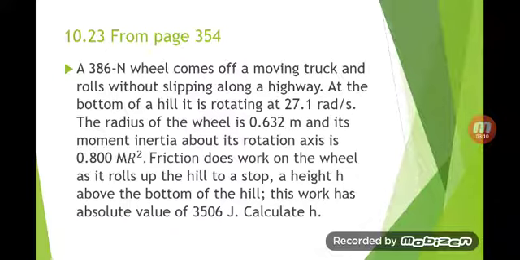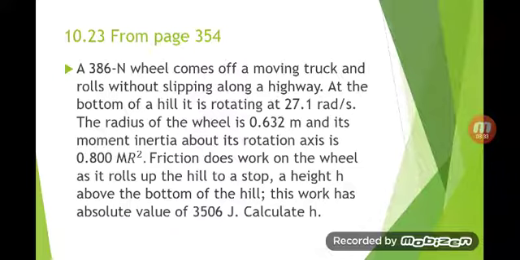Friction does work on the wheel as it rolls up the hill first to a stop at a height h above the bottom of the hill. This work has an absolute value of 3,506 joules. Calculate h. So first off, work done by friction is an absolute value of 3,506 joules.